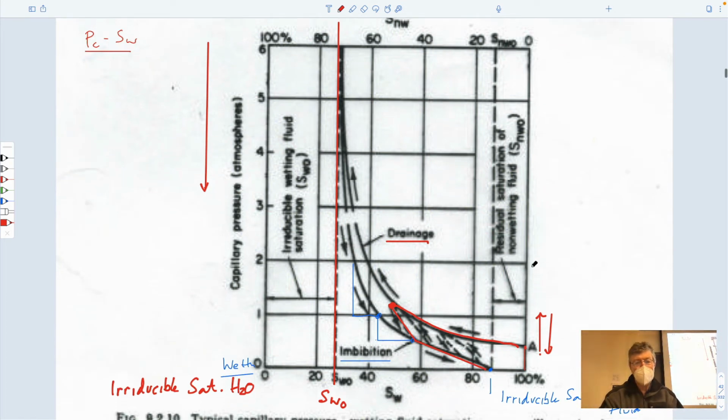And the ramifications of this is that, if you think about it, this would be a saturation of NAPL, or non-wetting fluid. Let's just call it non-wetting. And this would be a saturation of water.